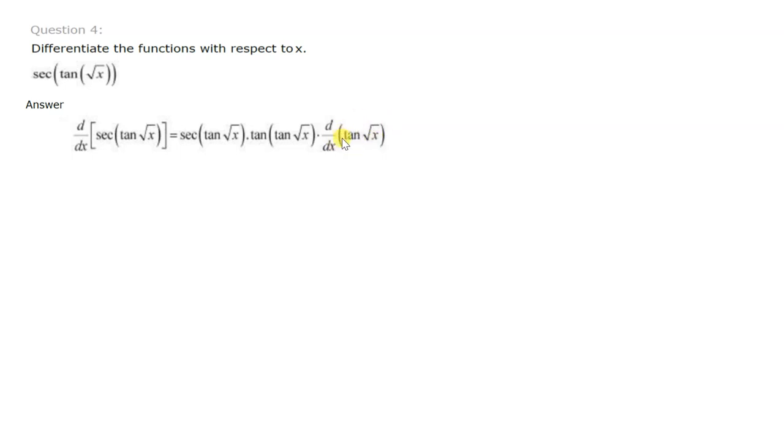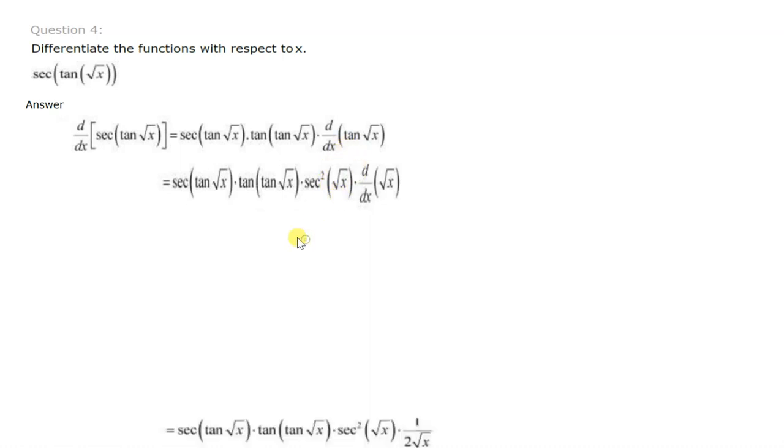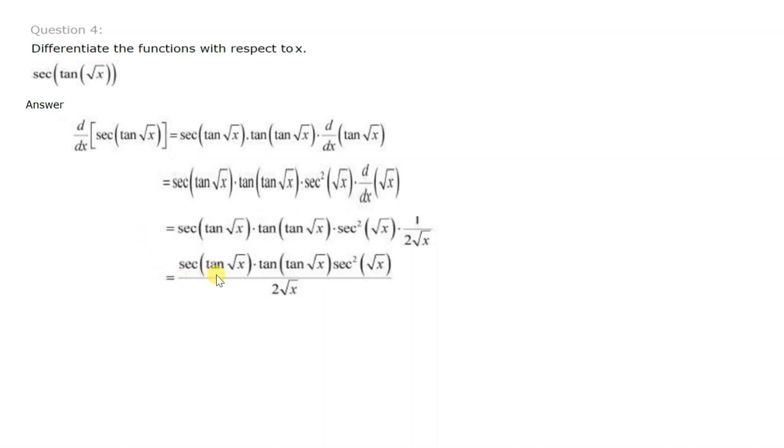So here again we will use the chain rule. The derivative of the tangent function is sec square, so we can write its derivative as sec square root x, and then using the chain rule multiply it with the derivative of root x, and the derivative of root x is 1 by 2 root x. So we get sec of tan root x, tan of tan root x, sec square root x divided by 2 root x.